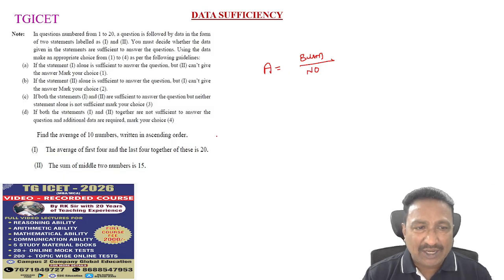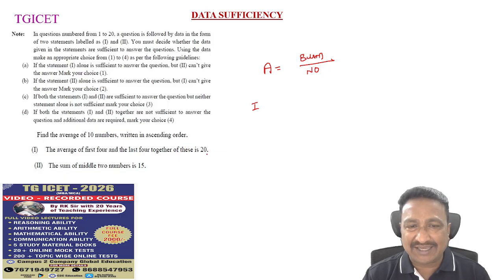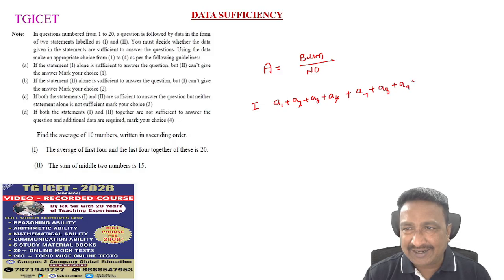Right, friends? Now look at the first statement. The average of the first 4 numbers and last 4 numbers is 20. Clearly we don't know the sum of all the 10 numbers. We only know the sum of the first 4 numbers, a1 plus a2 plus a3 plus a4, plus the last 4 numbers, a7, a8, a9 and a10.